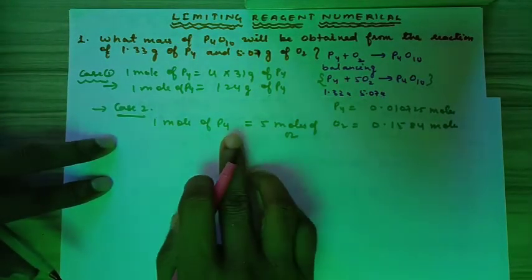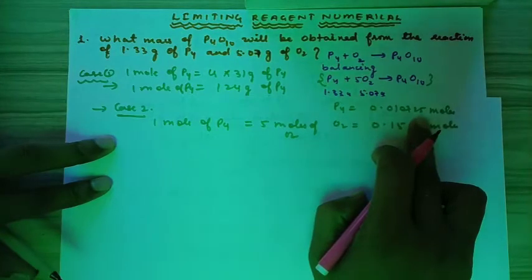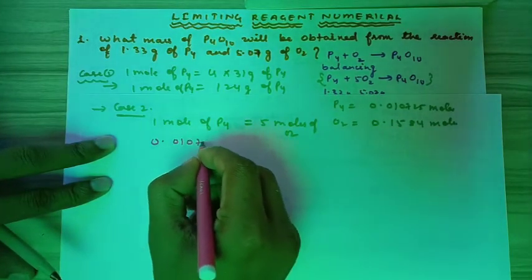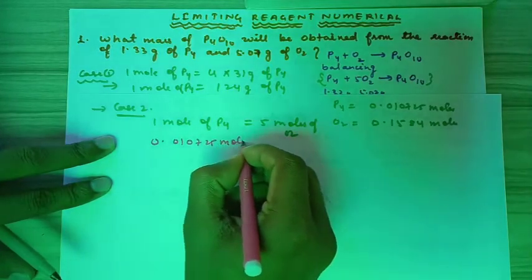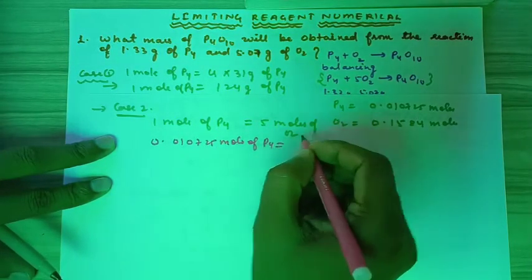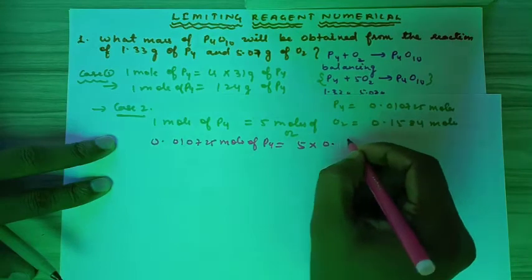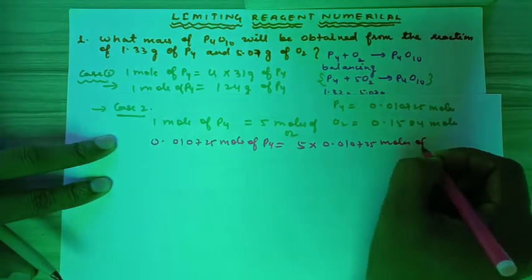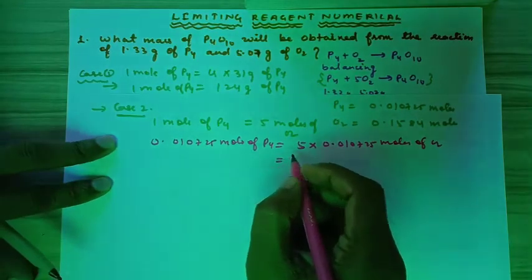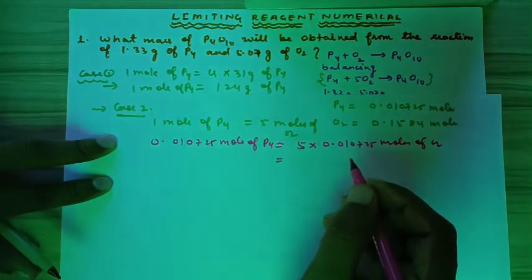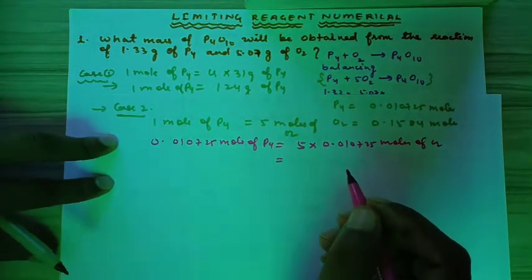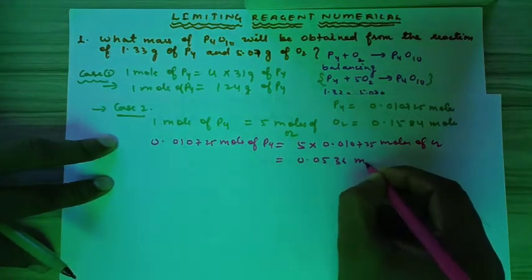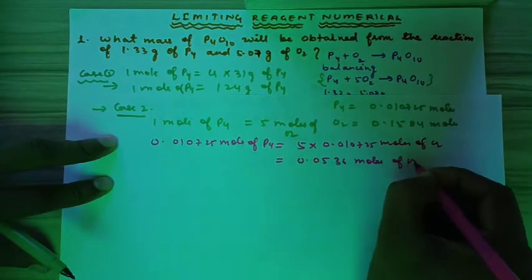Now how many moles of P4 do we have? 0.010725. So we'll be using it. 0.010725 moles of P4 will give us 5 into 0.010725 moles of O2. On solving, we'll get the amount as 0.0536 moles of O2.